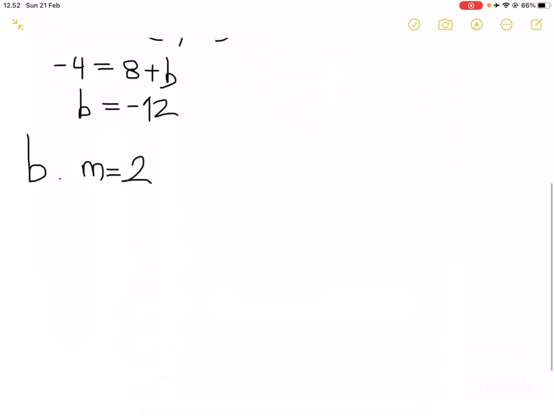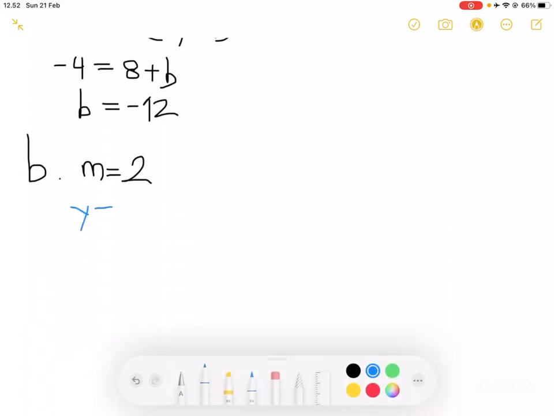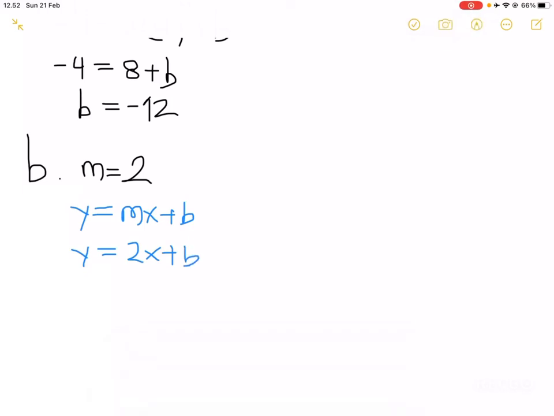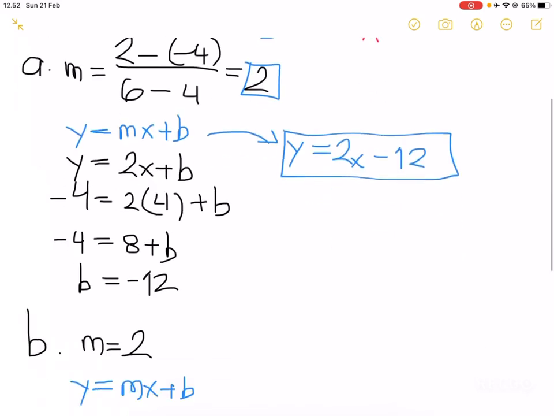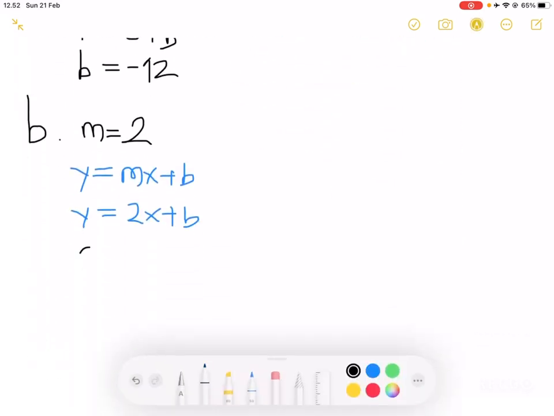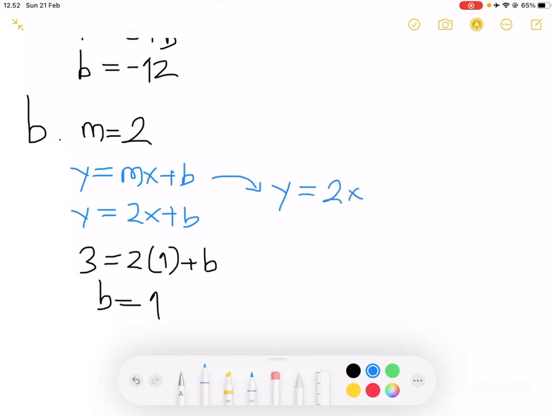And just like part A above, we set up our point-slope formula and then substitute the coordinates of T in this case to find b, which is the y-intercept. Point T is at 1, 3. That means y is 3 and x is 1. Solving for b, we get b is equal to 1. So substituting that back in, the equation of the line is simply y equals 2x plus 1. And that's it.